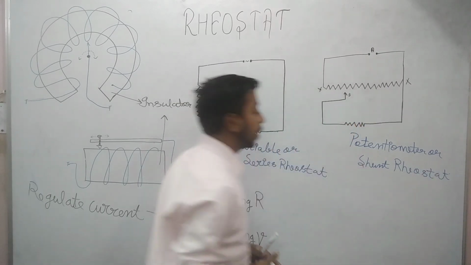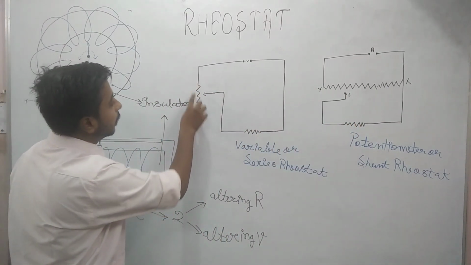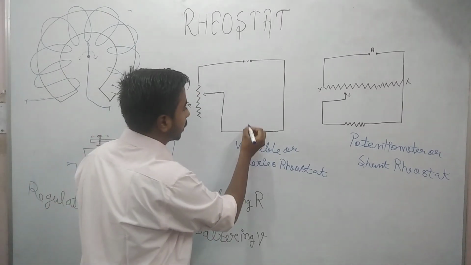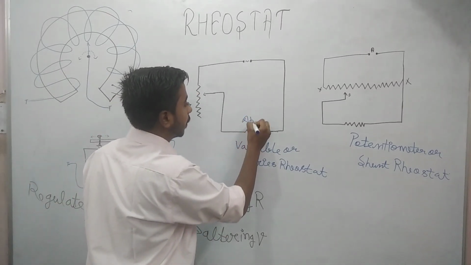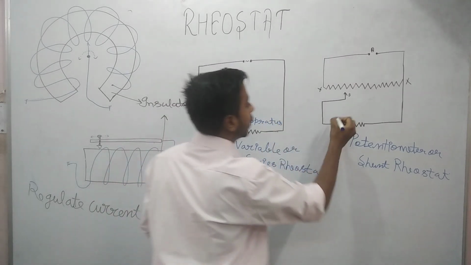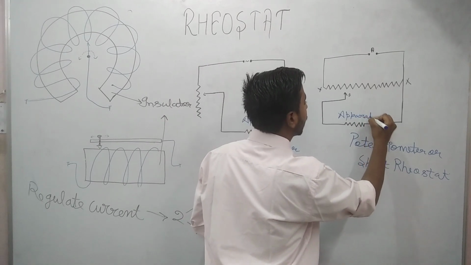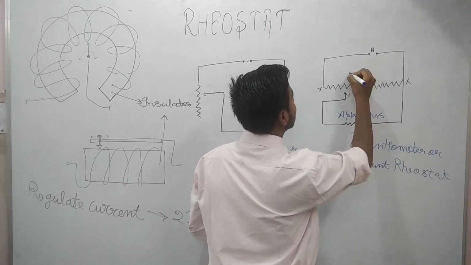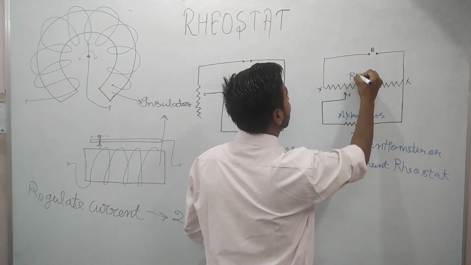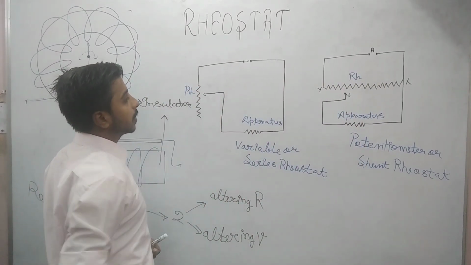Now you can see in this, this one is apparatus, and here also this one is apparatus, and this one is rheostat RH, and this one is also rheostat.